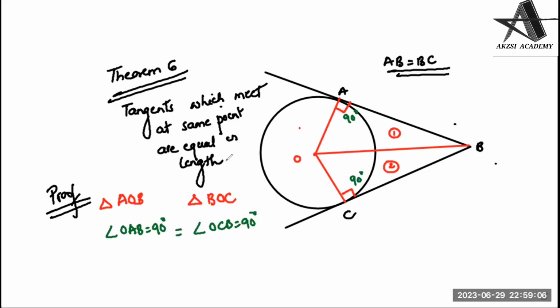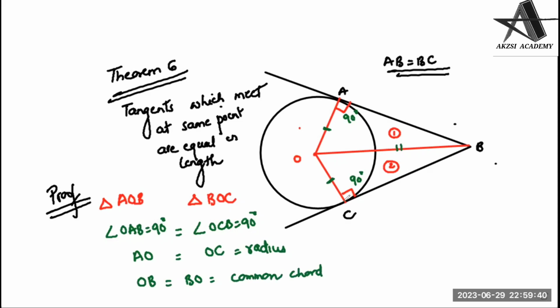The next thing is AO and OC, because they are both radii of the circle. The radius is always the same. So length AO is equal to length OC because they are both radii. And next is OB, because this is a common side. So OB is equal to BO because it's common.